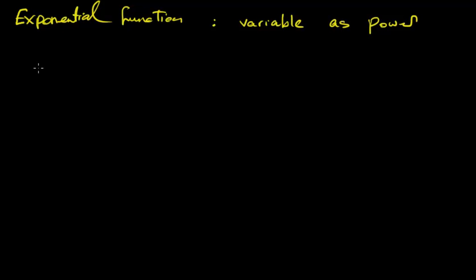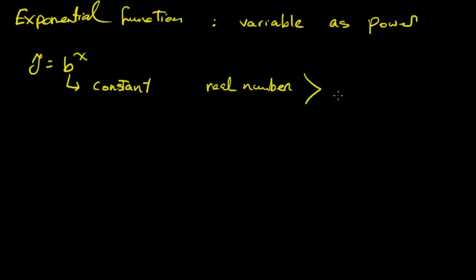The general form of writing an exponential function is y equals to b to the x power, where the base b is any positive constant and the base b cannot be 1, so it's a real number that is larger than 0 and cannot be 1.